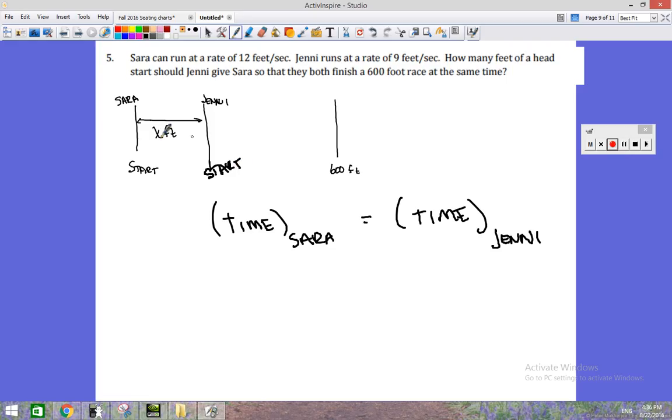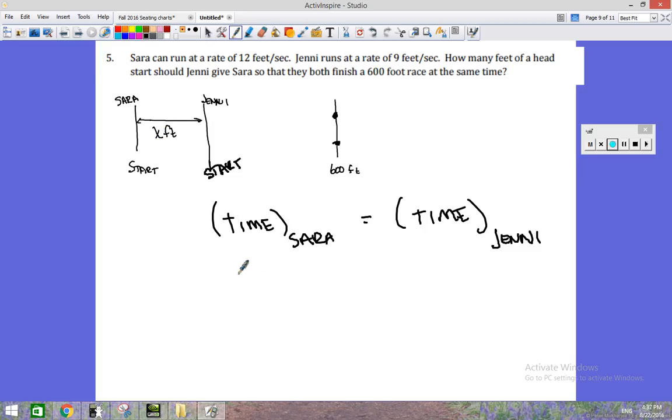She doesn't want to spend a lot of energy, so she could basically walk there. But when she gets there, that's her start. Sarah's start is here. They go, and they take off running. And when they're here at 600 feet, both of them are crossing that finish line at the same time is what the problem says.